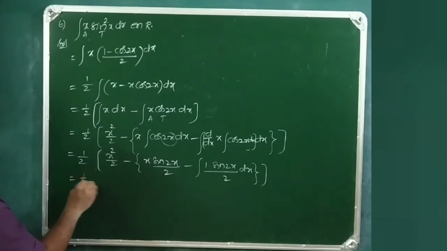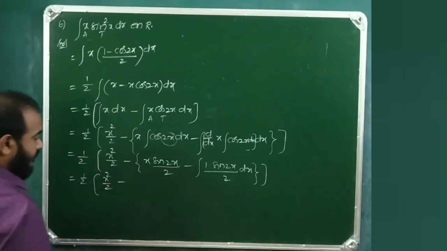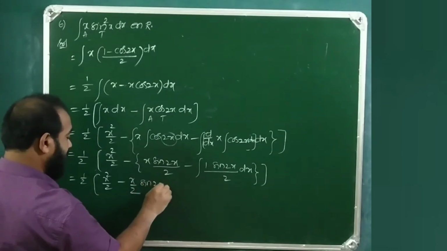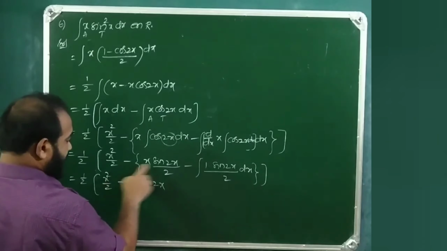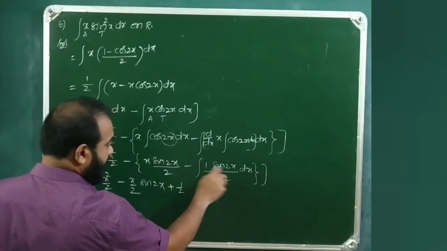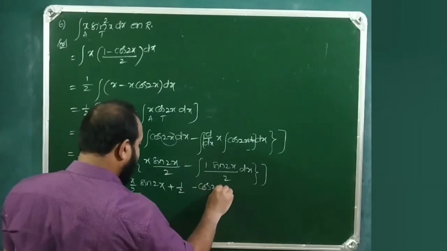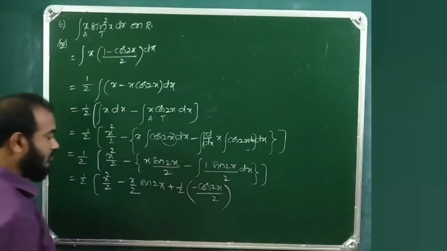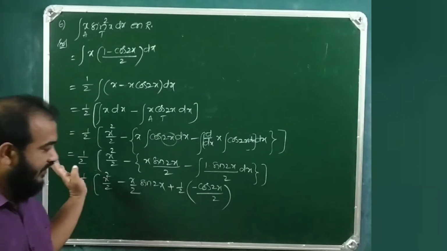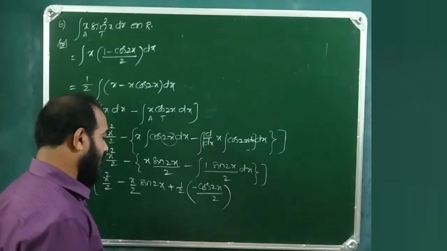So 1 by 2 into x square by 2 minus, this is x by 2 sin 2x, minus into minus plus 1 by 2. Integral sin 2x is minus cos 2x by 2. Minus into minus plus this 1 by 2 I have written separately. Integral sin 2x dx is minus cos 2x by 2.